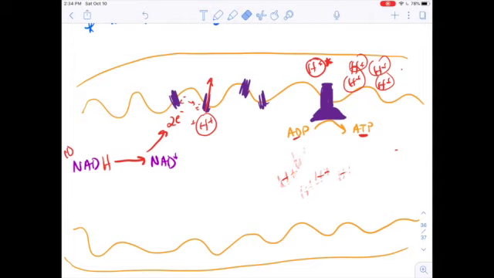Then we would have a gradient again. Now we've got 5 up here and 0 down here in the matrix of the mitochondria. And the cell's got a really neat trick to do that. The cell's not like, oh, hey, let's just shuttle all of these protons out of here. Nope, that doesn't happen. That's way too much work.